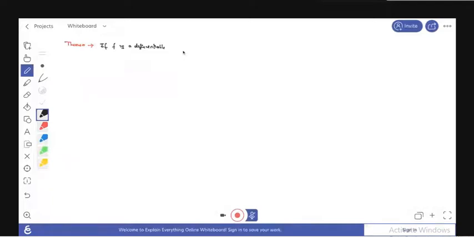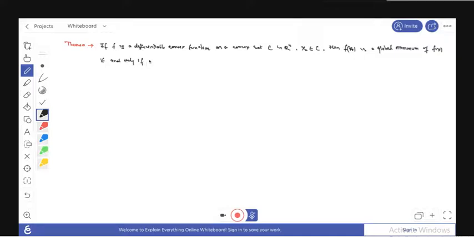If f is a differentiable convex function on a convex set C in Rn, and you take a point x naught belonging to that convex set C, then you have to prove that f of x naught is a global minimum of the function f of x if and only if a certain condition is satisfied.